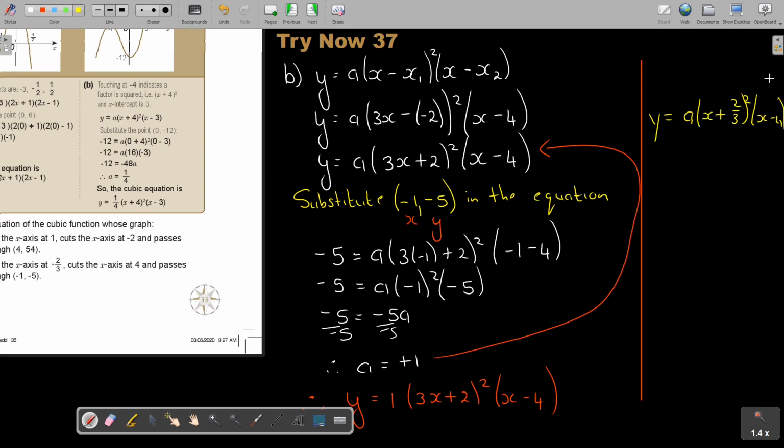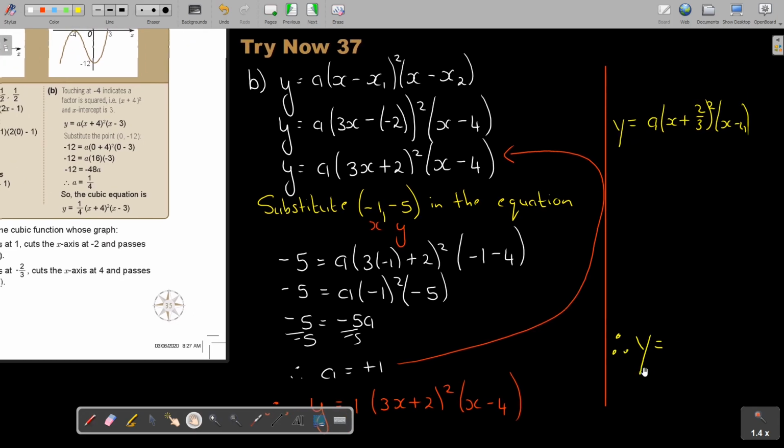Then you continue with the question, and you come to your final answer, and you will get the value of a is 9. But I want to show you that the answer is the same. So y is equal to 9(x plus 2 over 3) squared (x minus 4), and you can leave it in that form.